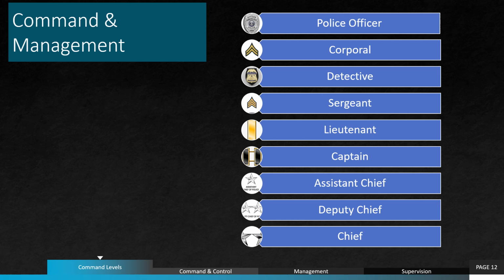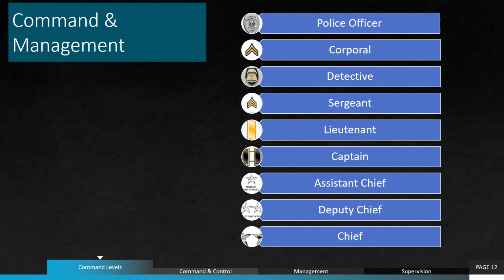The sergeant level is almost uniformly the first line level supervisor rank. They're responsible for supervising a detachment or a unit of officers or detectives, or that might also include the corporal. But they're going to be doing line function supervision.